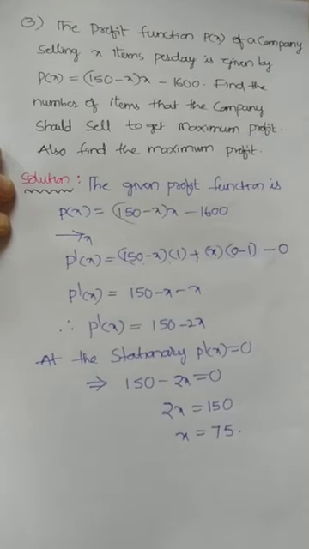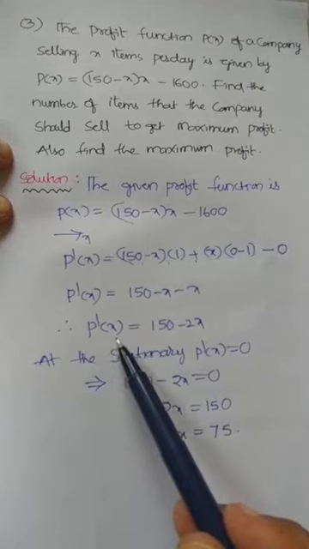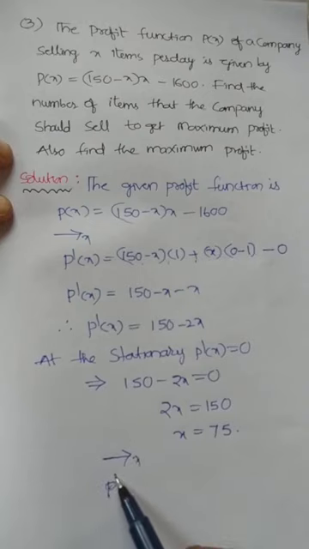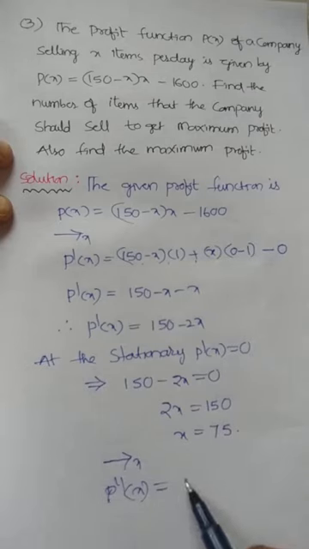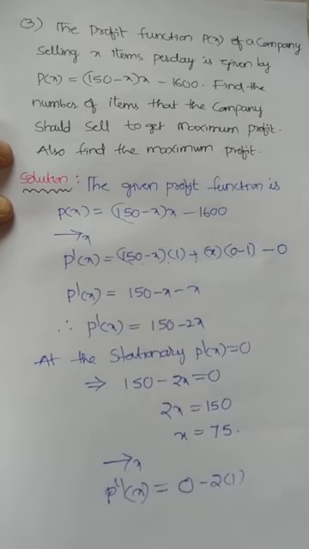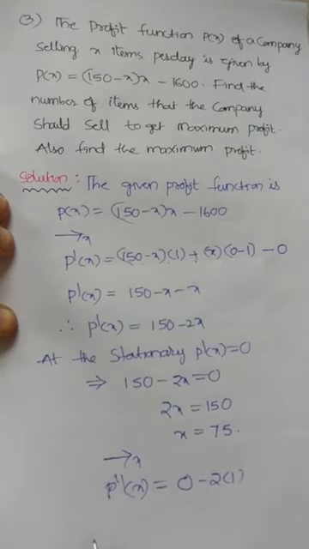Let us check. Differentiate this P dash of x with respect to x on both sides. So I would get P double dash of x: the derivative of 150 is 0, minus 2 into the derivative of x, which is 1. Therefore P double dash of x I got here is minus 2.